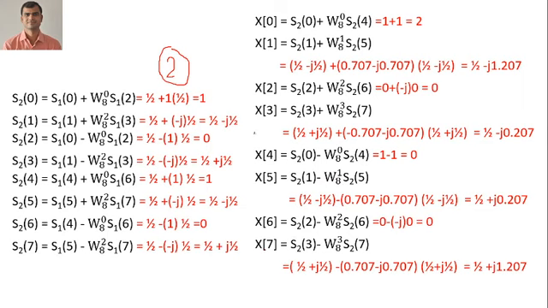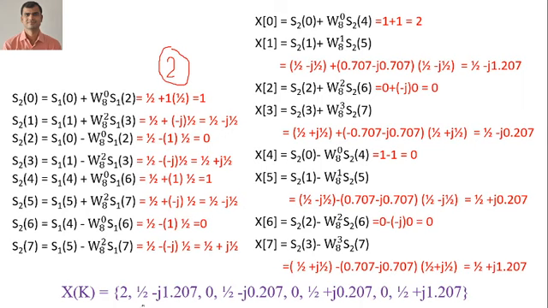After this discrete frequency sequence we have to write the sequence x of k, and to verify, we check that the summation of x of k divided by capital N is equal to x of 0.